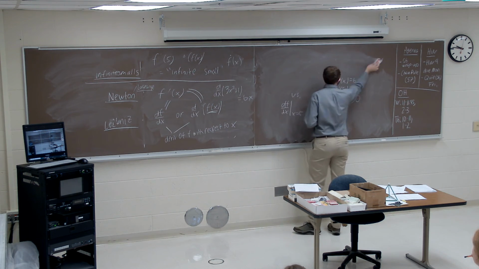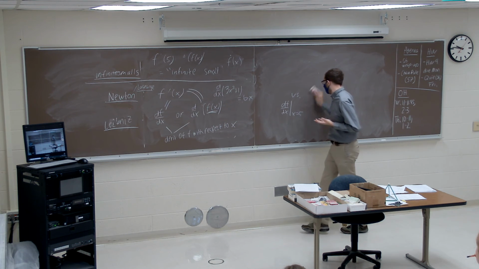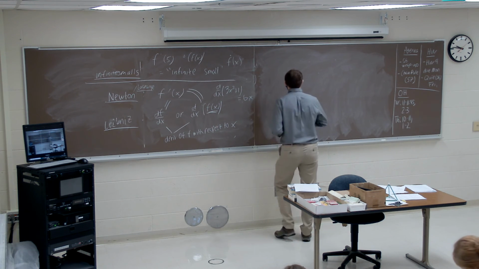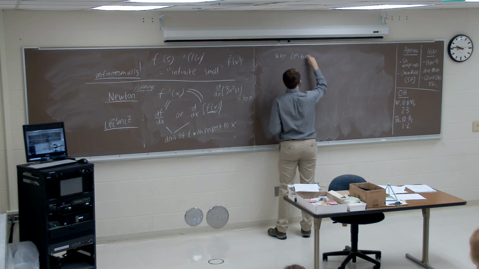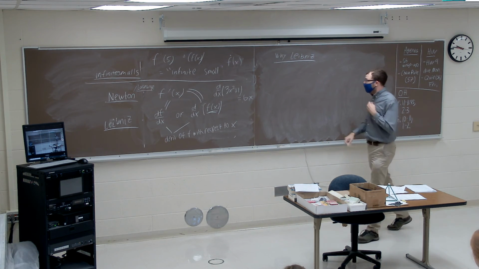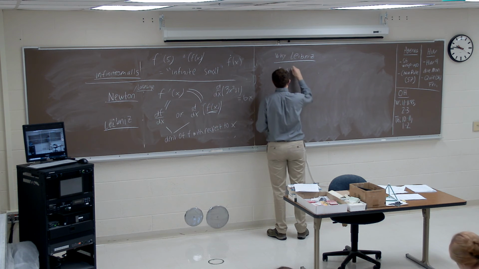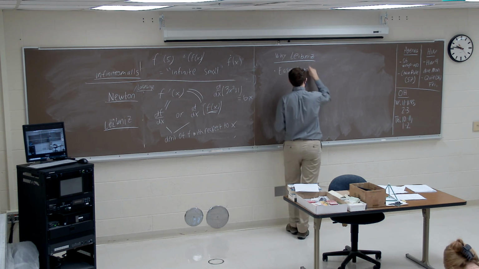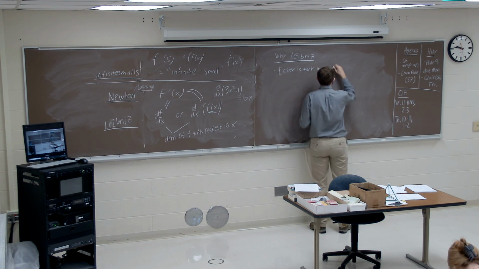So one reason, and we haven't really encountered this reason yet, but we're going to later on, for why we might prefer to use Leibniz notation for taking the derivative, is it's easier to work with multiple variables.